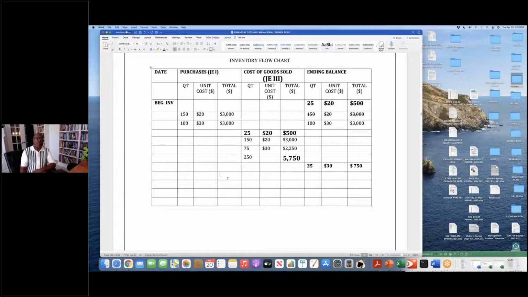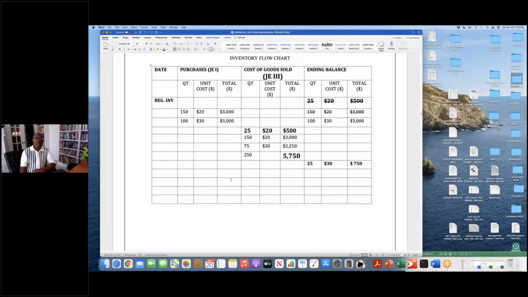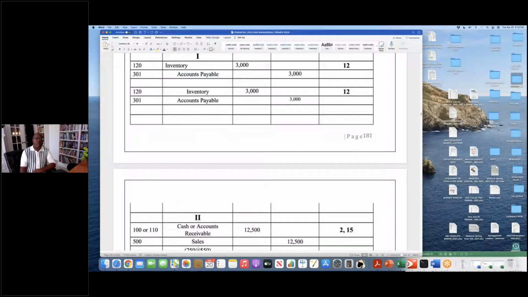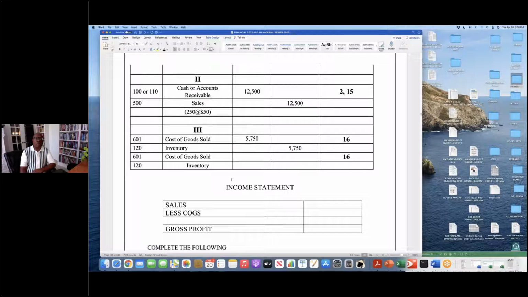Professor Boyd, when you're done, could you scoot all the way back down to the 601 and the inventory real quick? I want to make sure I wrote this down properly.